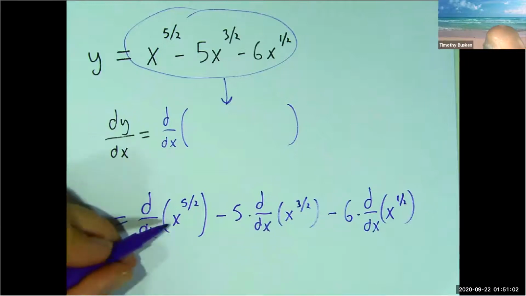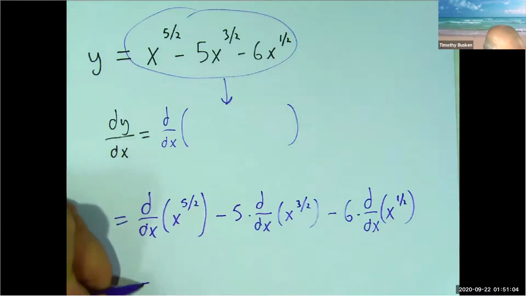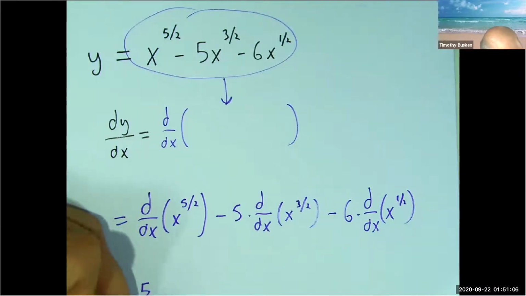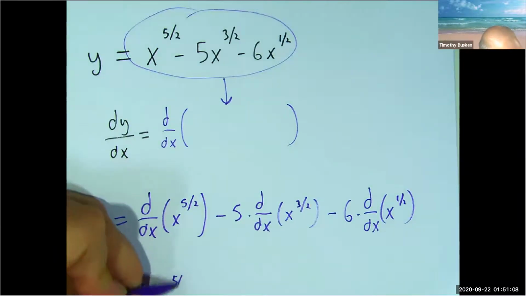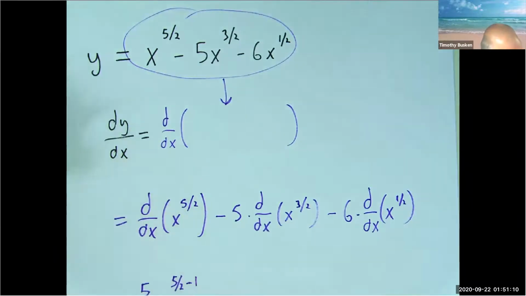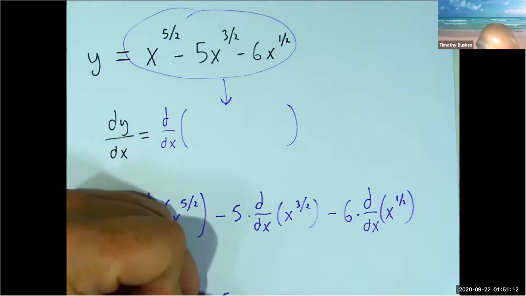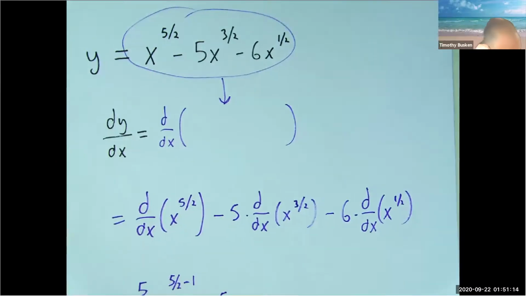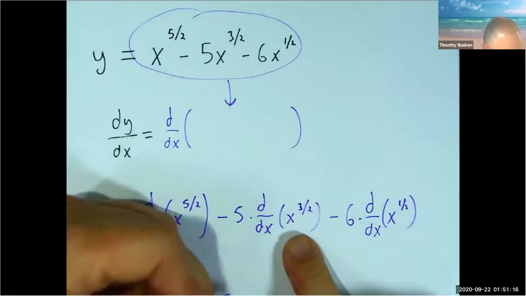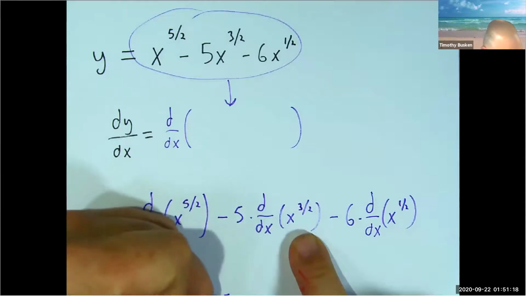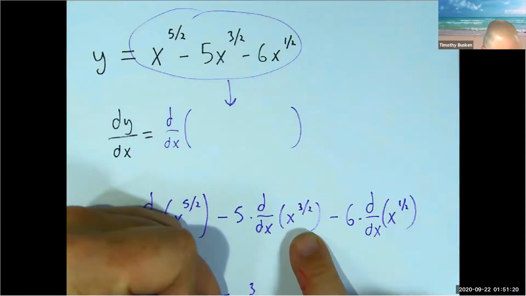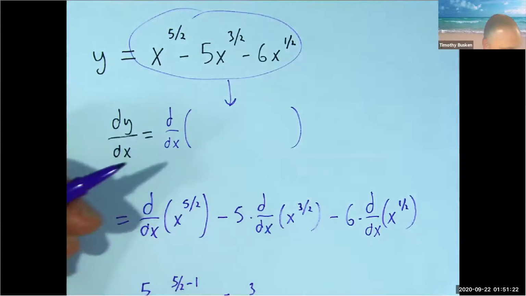All right, so for this derivative here, the 5/2 comes down in front. And then it's going to be x to the 5/2 minus 1. And then minus 5 times, well, the 3/2 comes out in front. Right? The power comes down in front. It's now a multiplier.